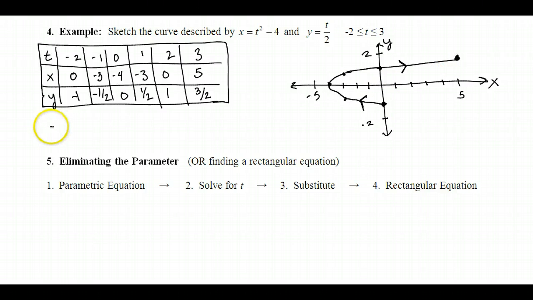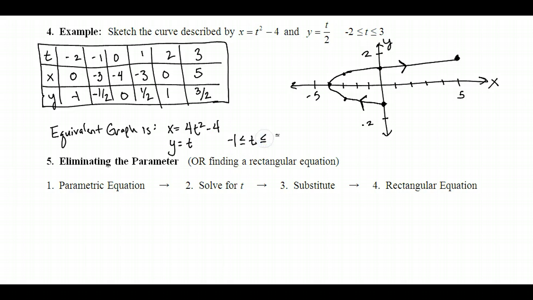So here's an equivalent graph. An equivalent graph to this is x equals 4t squared minus 4, and y is equal to t, and that would be from -1 to a positive 3/2.